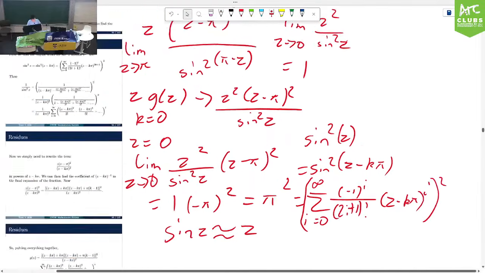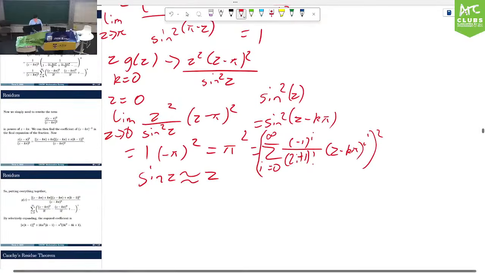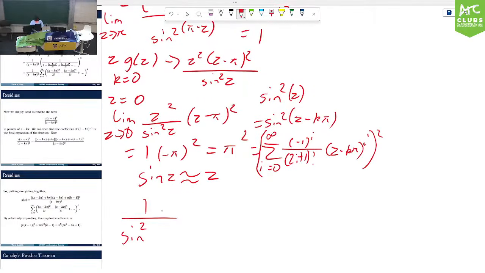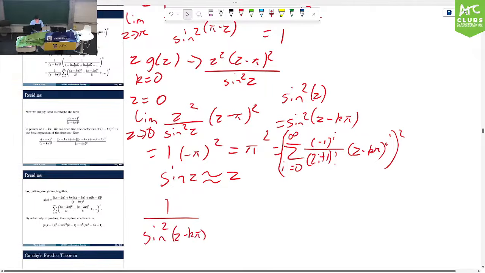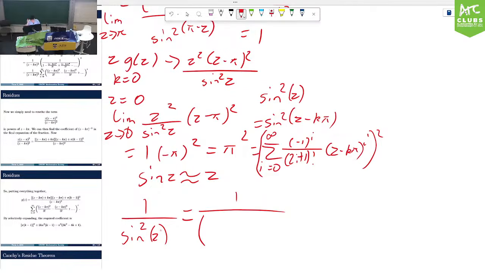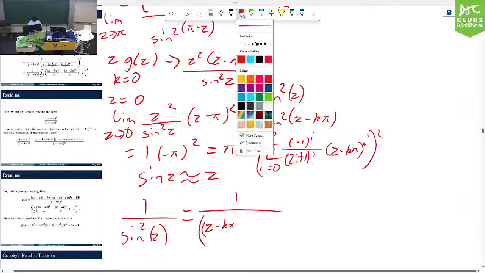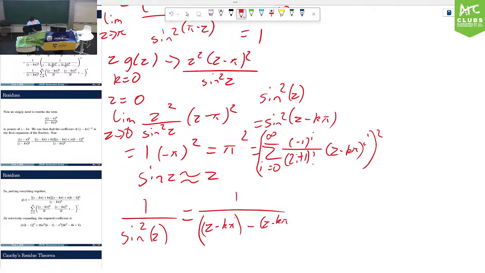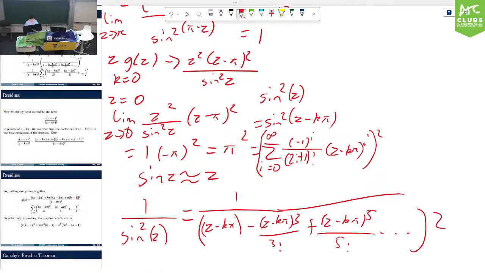Okay, what was the next? Yeah, unfortunately this is super janky. We have to reciprocate that entire thing. We're going to do a couple terms: z minus k pi, minus (z minus k pi) cubed over 3 factorial, plus (z minus k pi) to the 5 over 5 factorial, and so on, and obviously that entire thing is squared.